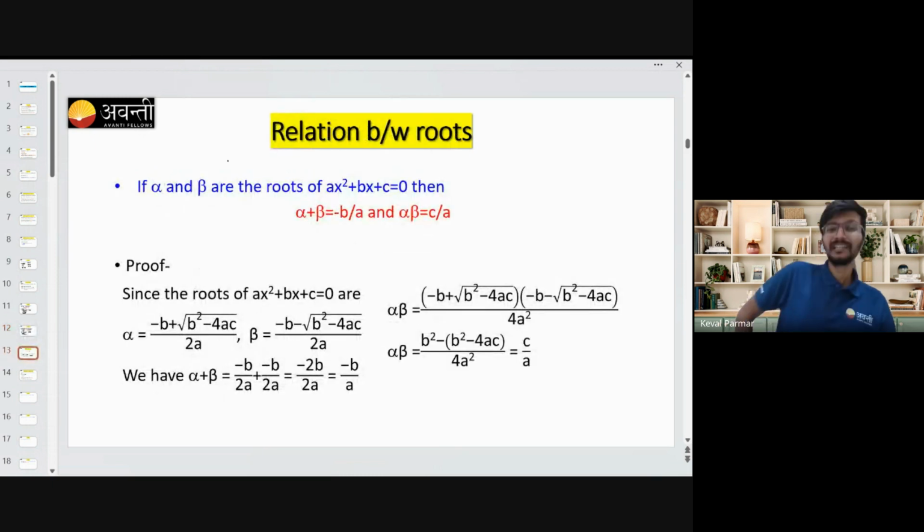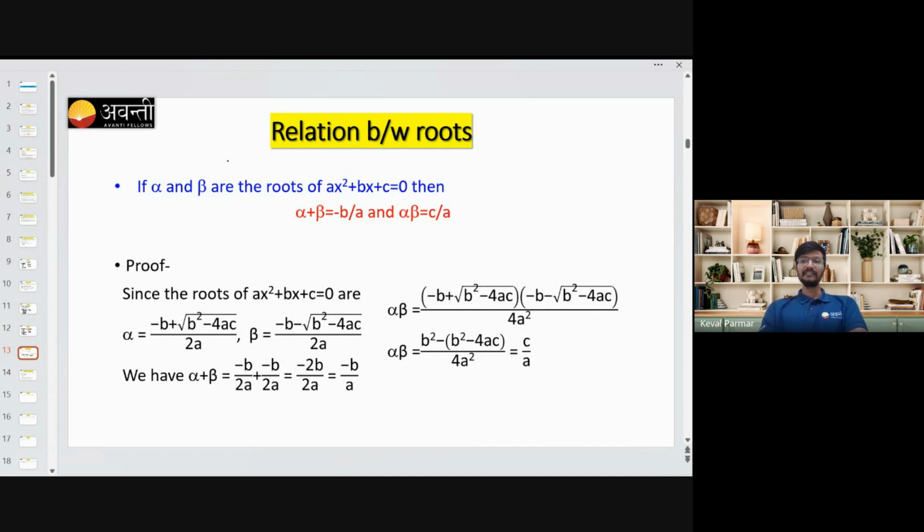Relation between roots. Now this is the most important part of quadratic equation, where many questions are asked in JEE Mains from this. What does this mean, guys?